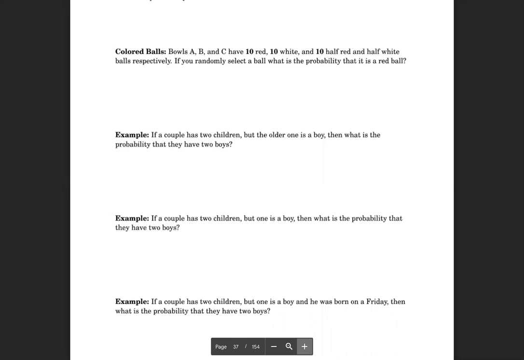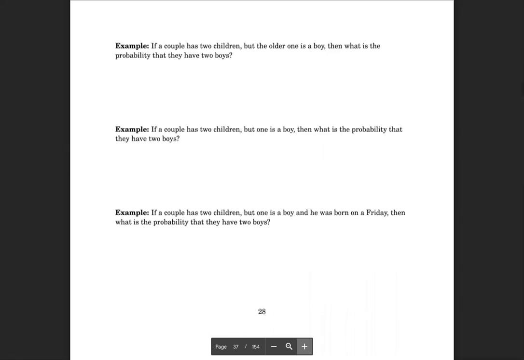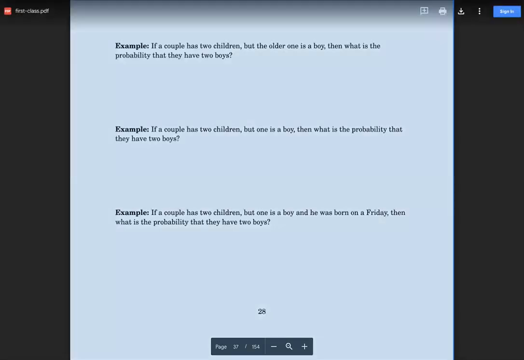So let me do the problem in a simple way, using common sense. They have two boys, okay? What's given? The given fact is that the first one is a boy, right? Then what is the probability that the second one is going to be a boy? So let's say A is the event that the first child is a boy.